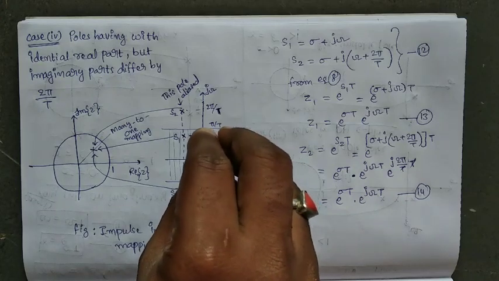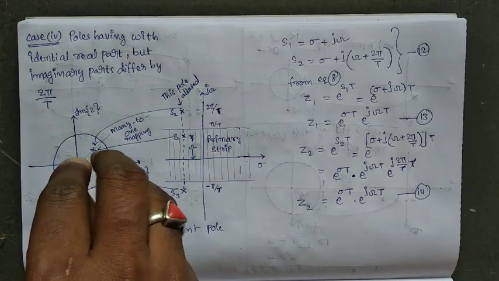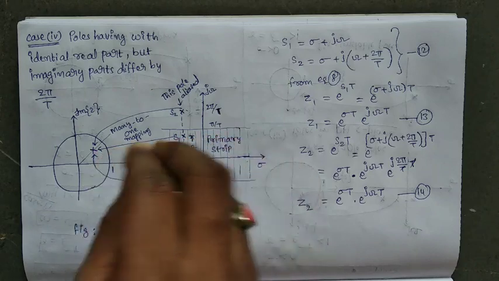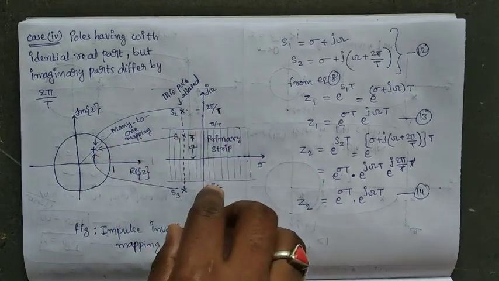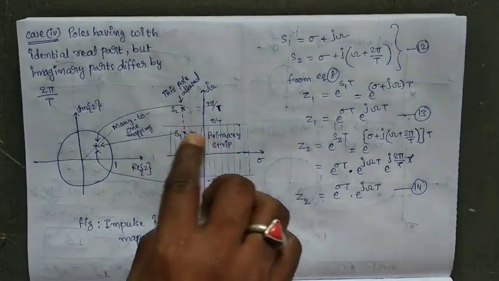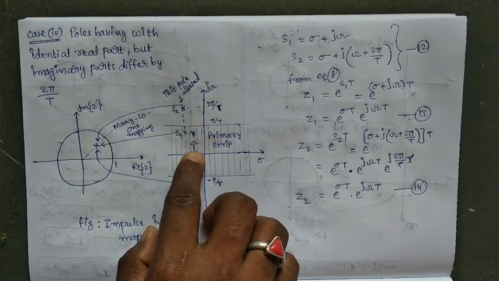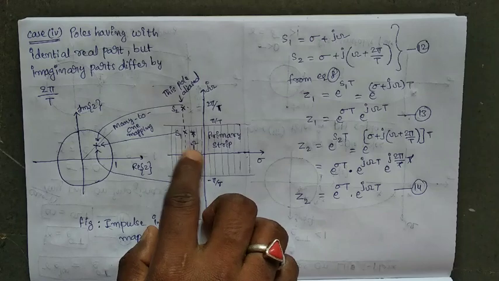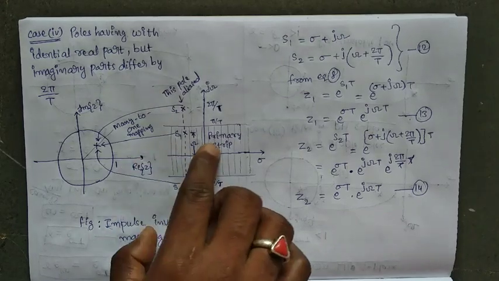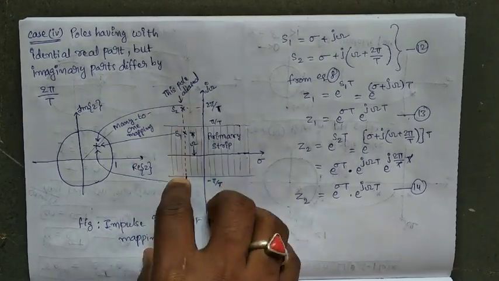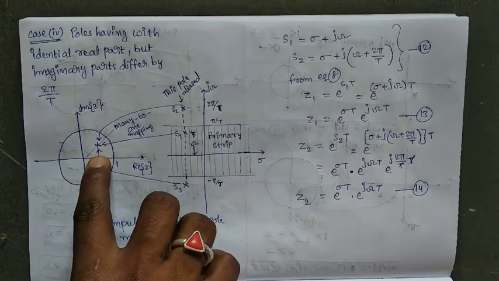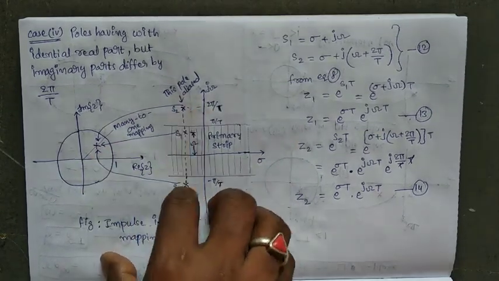That transformation is simply called a one-to-one transformation. In this case we are observing many-to-one mapping. Many poles are transformed into a single pole.